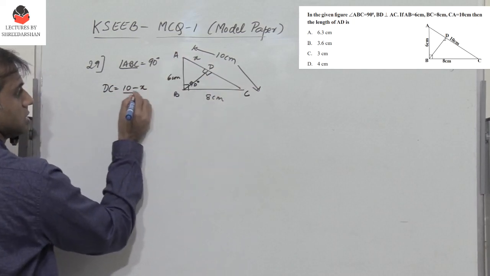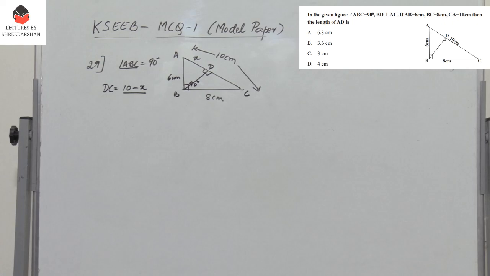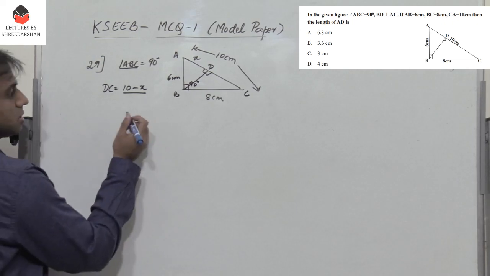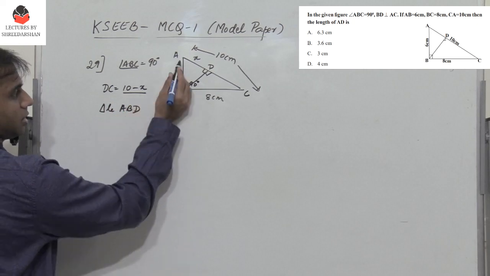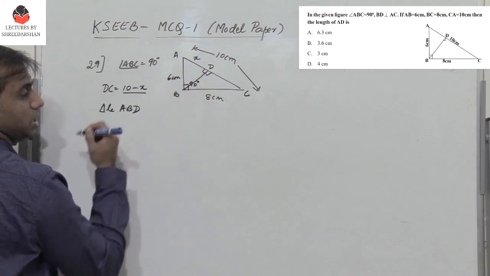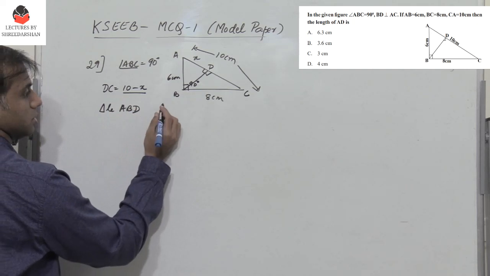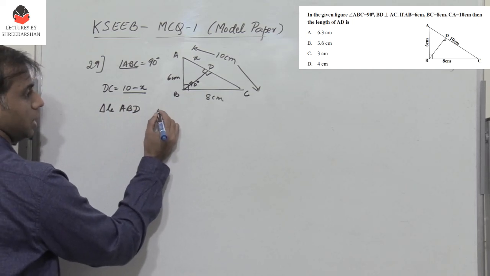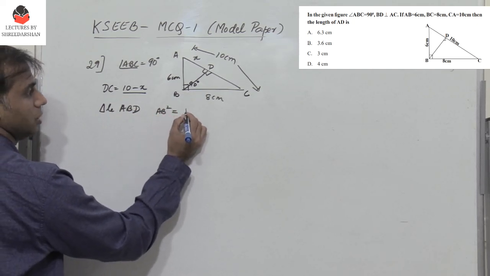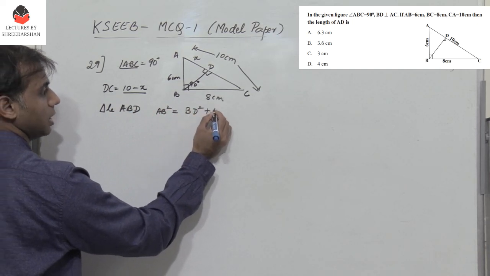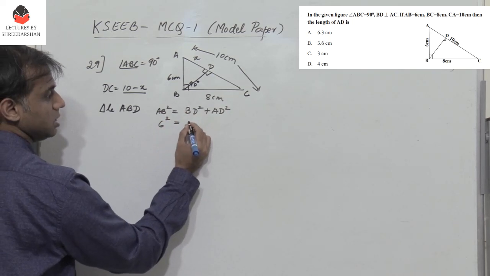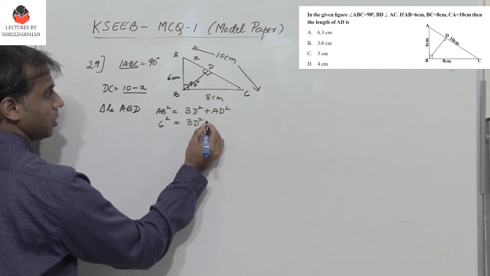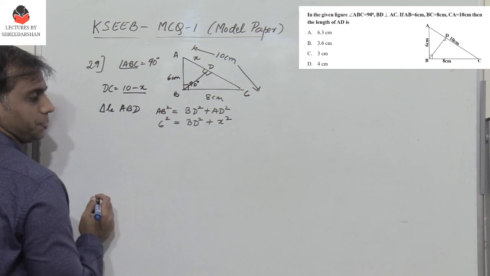10 minus X. Right. Now if I consider triangle ABD, it's a right angle triangle where AB is the hypotenuse. So using Pythagoras theorem, AB square is equal to BD square plus AD square, or 6 square is equal to BD square plus X square.